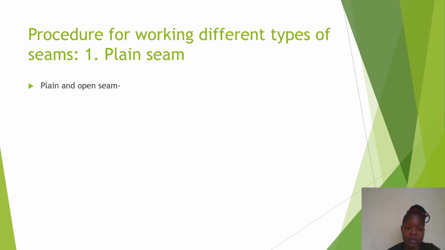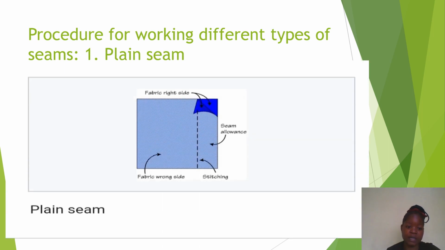Procedure for working different types of seams, and I will start with the plain seam. This is a complete diagram of a plain seam, and here this is the right side, which shows the blue color. Then this sky blue is the wrong side of the garment.